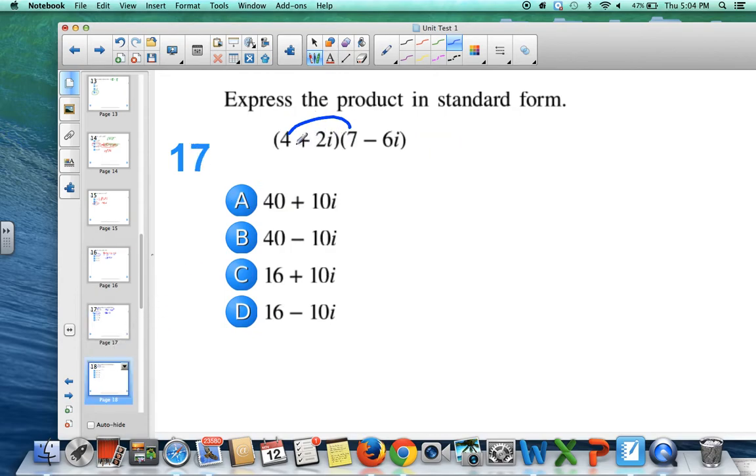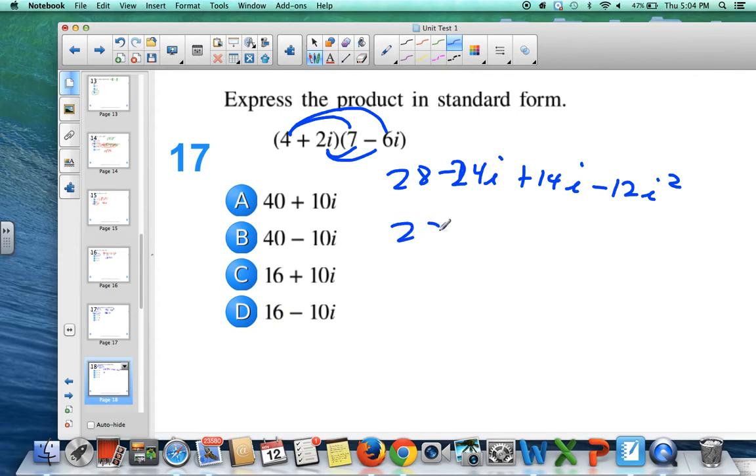Okay, for this one here, we're going to do FOIL. So 4 times 7, that's 28. 4 times 6i, that's going to be minus 24i. And we're done with the 4. Now we can multiply those two, plus 14i minus 12i squared.